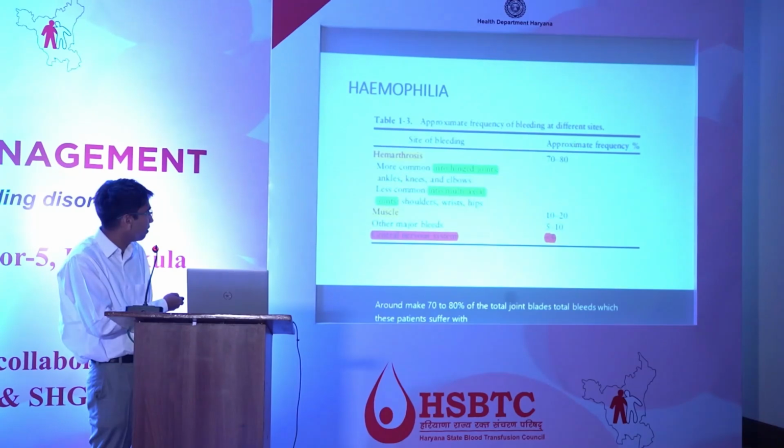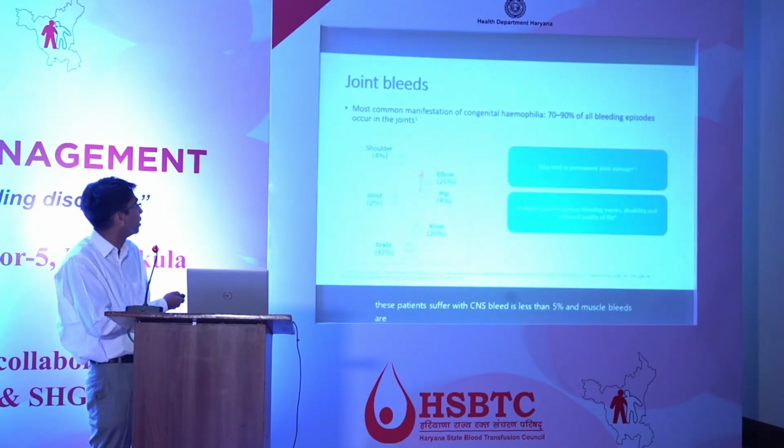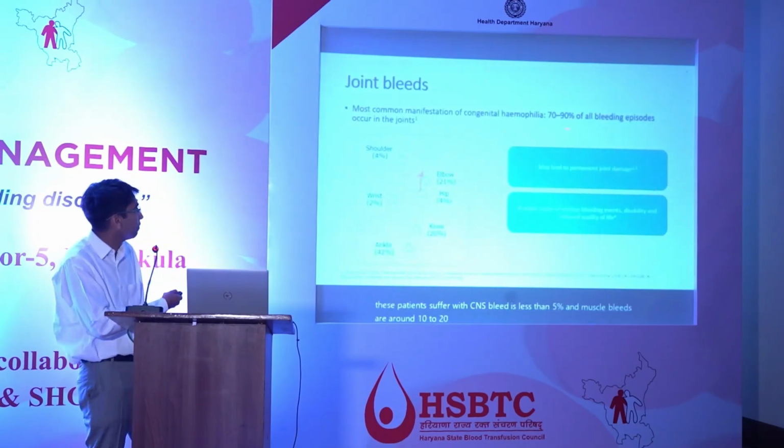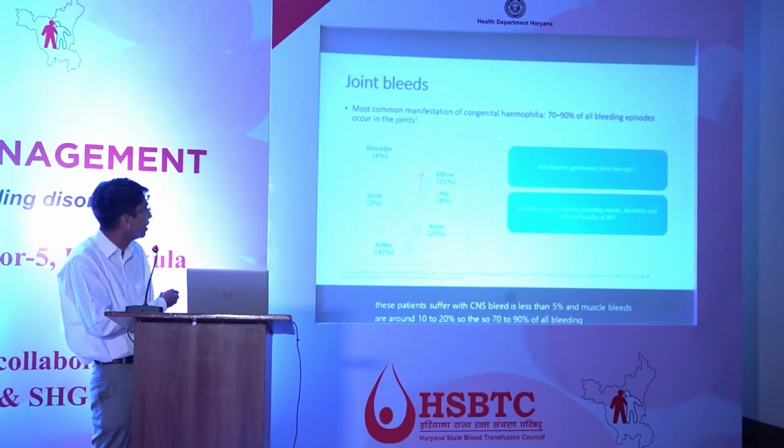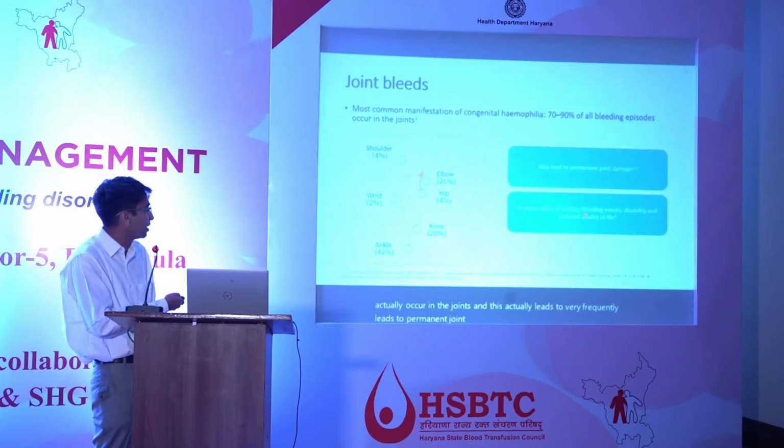CNS bleed is less than 5% and muscle bleeds are around 10 to 20%. So 70 to 90% of all bleeding episodes actually occur in the joints, and this very frequently leads to permanent joint damage, and it is a reason for disability as well as reduced quality of life.